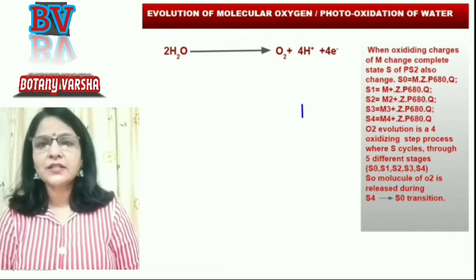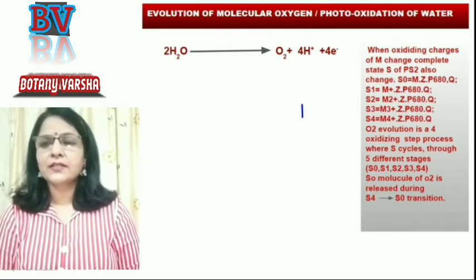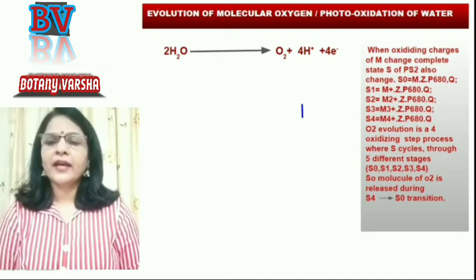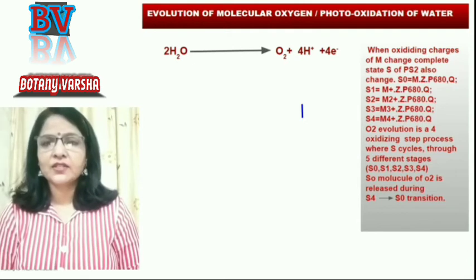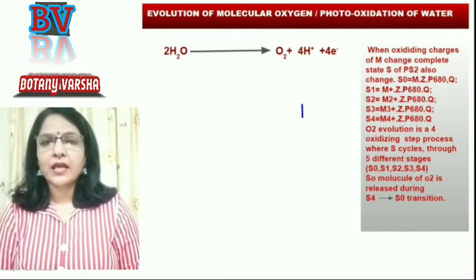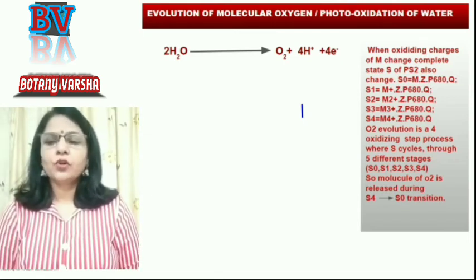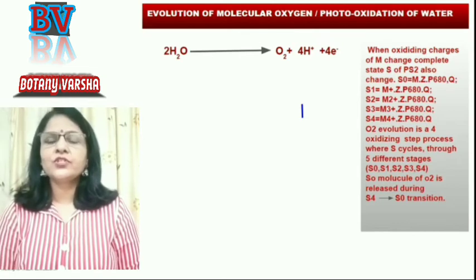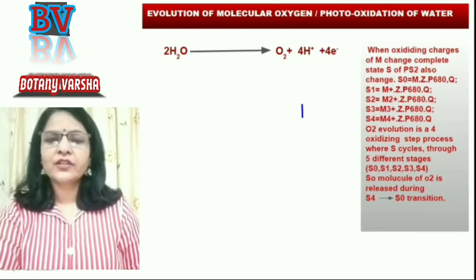So oxygen evolution is a 4 oxidizing step process where S cycles through 5 different stages. These stages are S0, S1, S2, S3, S4. So a molecule of oxygen is released during the S4 to S0 transition.